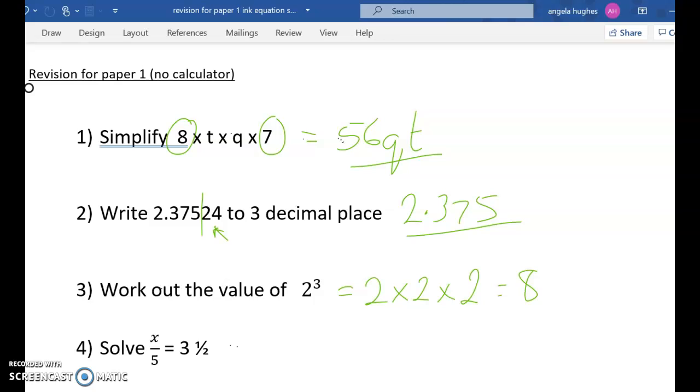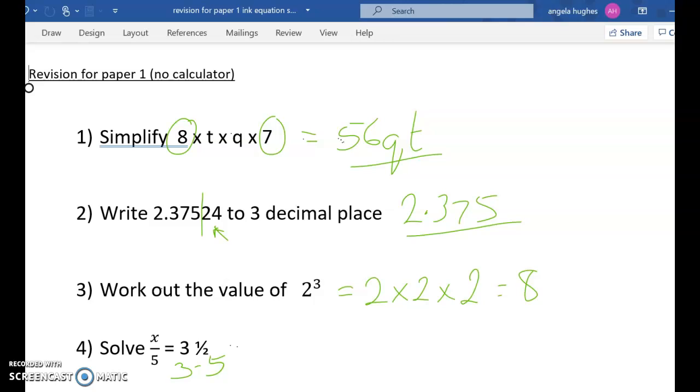Okay, this one here, now there's several ways of doing it. I find the easiest way of doing it and most understandable way of doing it is to turn this into a decimal and then work with that. So here we have 3.5, that is 3.5 as a decimal.